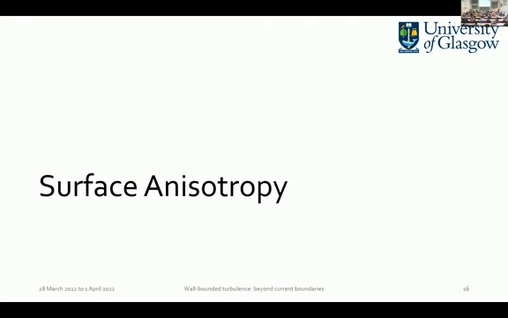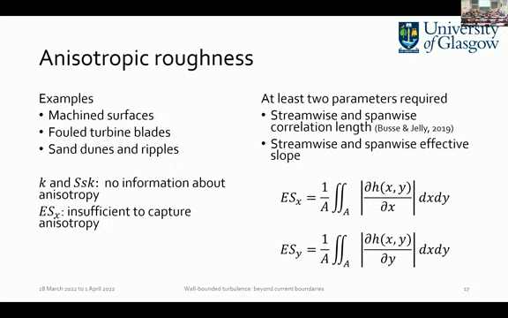So to give an illustration, I wanted to briefly discuss irregular anisotropic surfaces. Examples for these surfaces are machined surfaces, or we also find various degrees of anisotropy on fouled turbine blades, and also geophysical examples of anisotropic roughness like sand dunes or ripples.